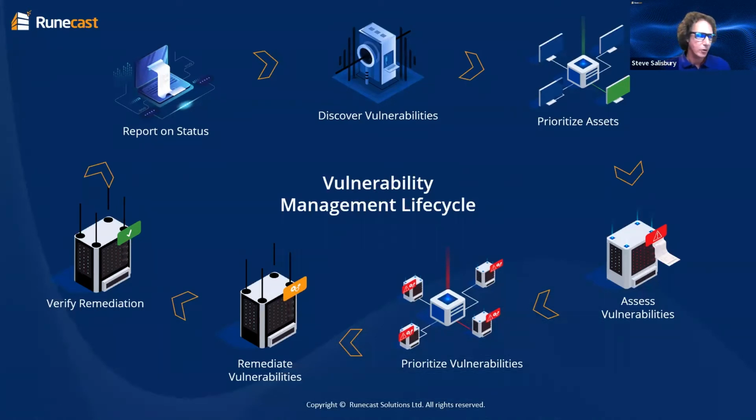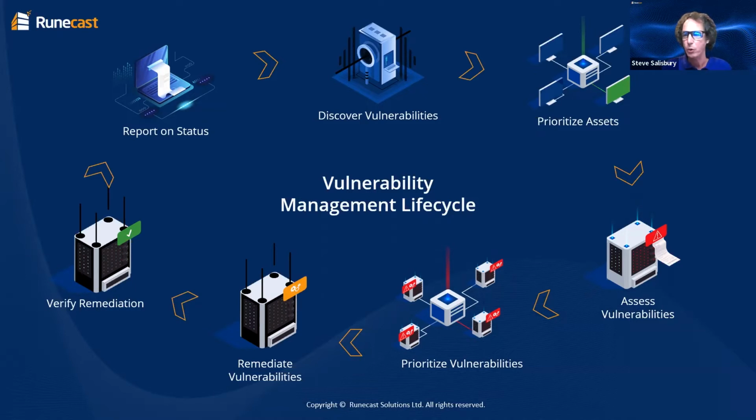We start at the top, as always. We're going to discover our vulnerabilities. Using Runecast, we can discover those vulnerabilities, but there needs to be some actionable intelligence there. It's not something that's going to be provided by Runecast. This has to be your choice. Where are my vulnerable assets?